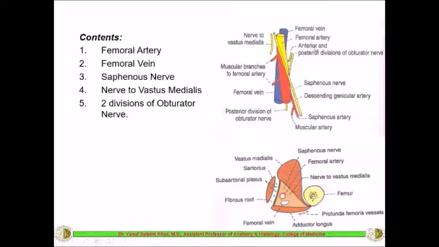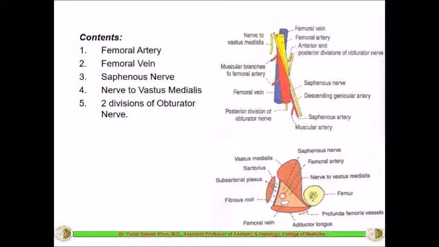So these are the structures viewed from the front, and this is the view of the same adductor canal when you take the cross section. So this is the arrangement of the structures in the adductor canal. The femoral artery will be conveying from the femoral triangle into the popliteal fossa, and the femoral vein will be coming from the popliteal fossa as the popliteal vein and enters the adductor canal and continues as the femoral vein into the femoral triangle.